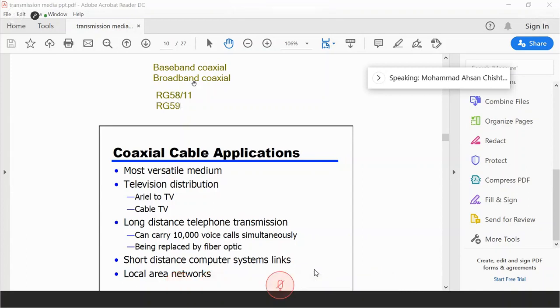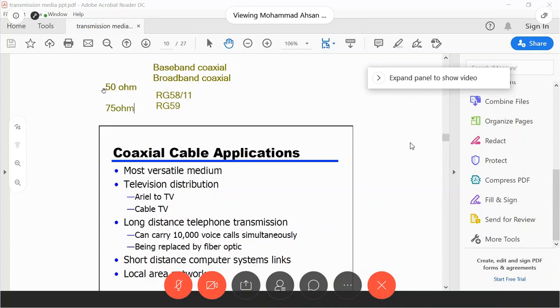The two types differ in whether it is used for digital communication or for analog communication. The first one is 50 ohm, used for digital communication, and the second one is 75 ohm, which is used for analog communication.